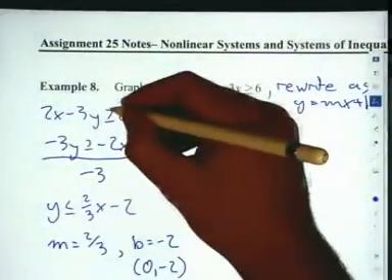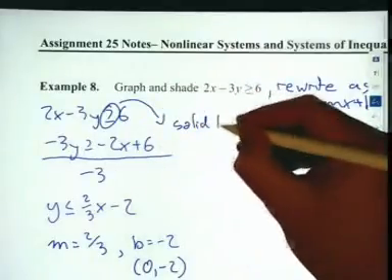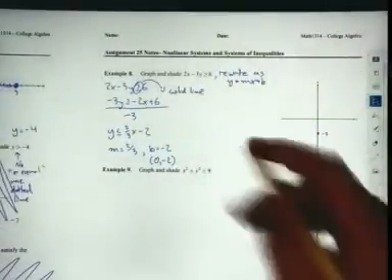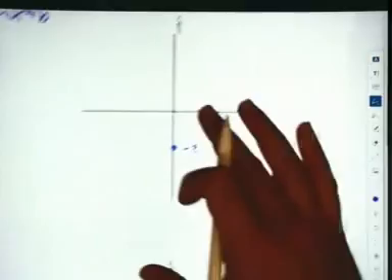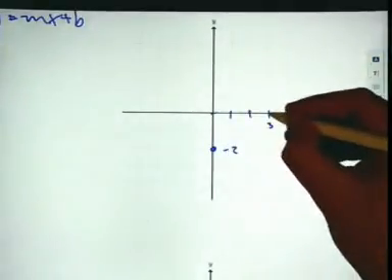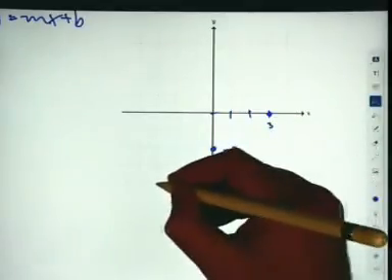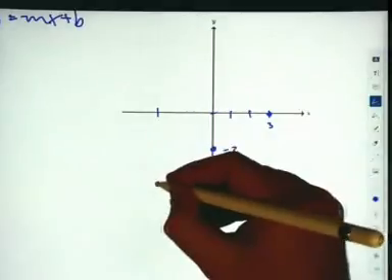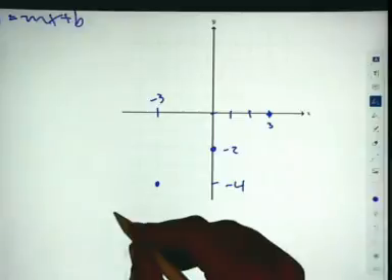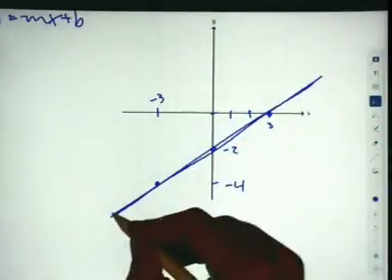Number one, the or equal to means we're going to use a solid line. Our slope is 2/3, so we're going to go up 2 over 3, and down 2 over 3. Let's use a solid line to draw the line between these points.